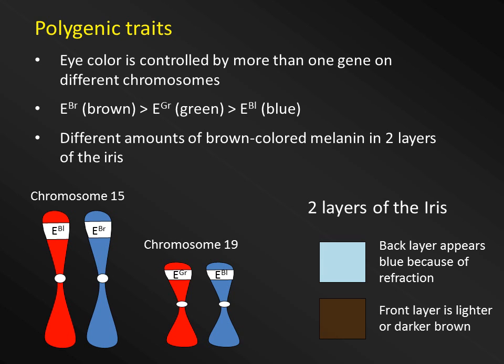The front layer of the iris will receive some varying amount of brown color, either darker or lighter pigment, based on the gene that's controlling the eye color. And when these two layers are combined, one over the other, we get a certain eye color, such as gray eye color, as you can see with a lighter brown over the blue.